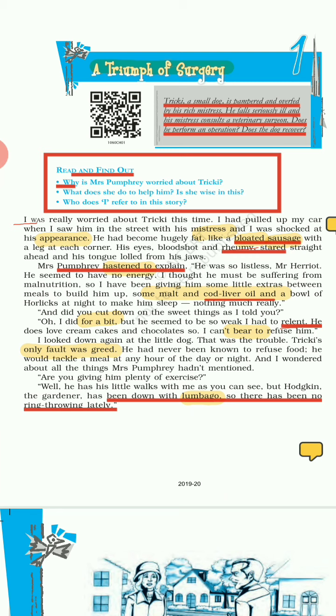A doctor who knew where the problem lay takes the nearly dead dog to a clinic for surgery, and the dog recovers amazingly. So let us find out what surgery the doctor did, or did he really do any surgery at all? We will read the chapter and try to find out the answers to these questions.